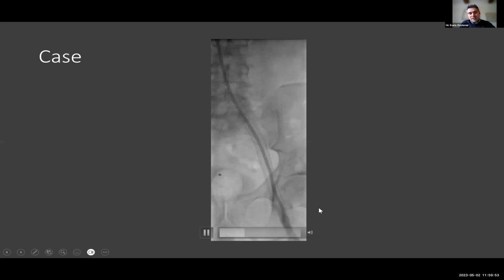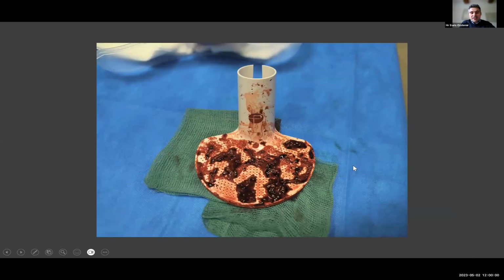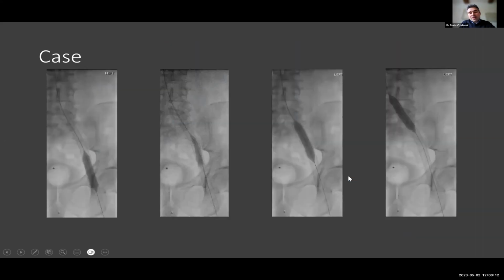So some flow through the stent, but it's not perfect. This is the sort of thrombus that we retrieve, fresh thrombus aspirated out of the stent. Very effective, very satisfying. This gentleman actually had some stenoses in the stents, which we then, having identified them with the intravascular ultrasound, ballooned open in this series of images.